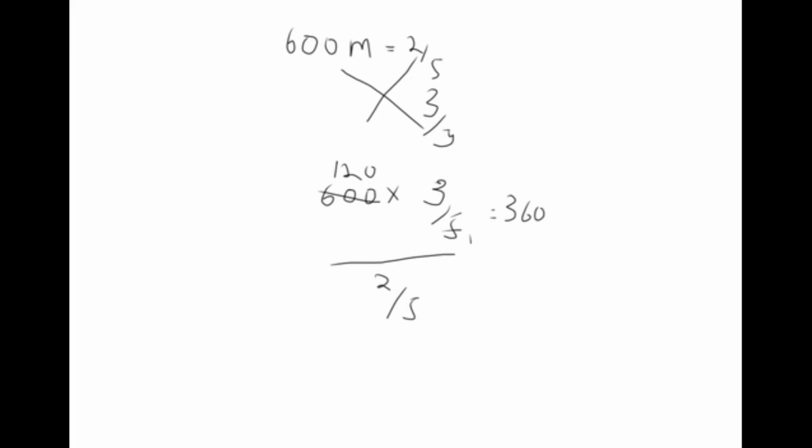360 divided by 2/5. We change this division sign into a multiplication sign. Then we get the reciprocal of 2/5, which will be 5/2.